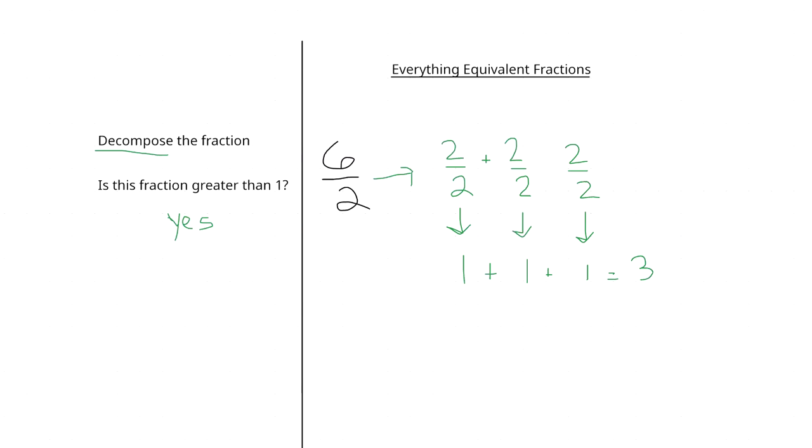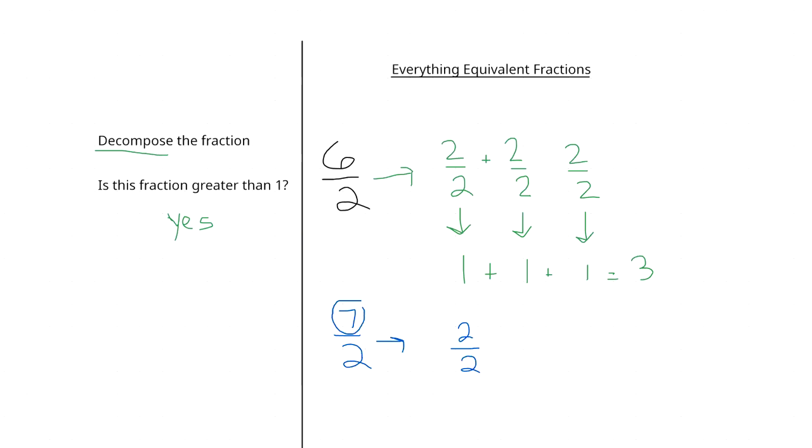But what if I made this a 7? Again, remember, I'm decomposing fractions, I'm breaking them down. First of all, your denominator is always going to be 2. You can't change that. So I'm going to put a 2 in my numerator because what I'm doing is breaking down this 7.